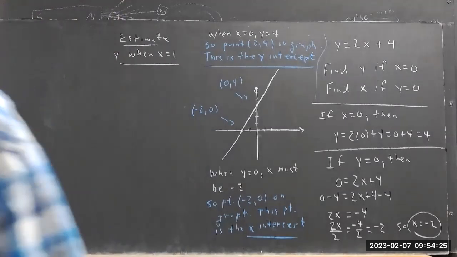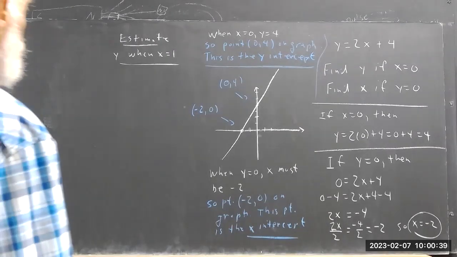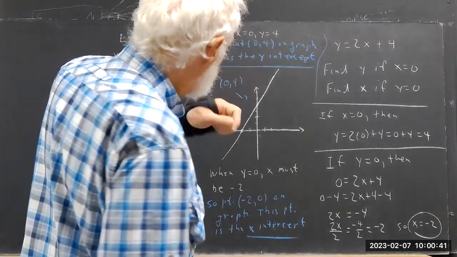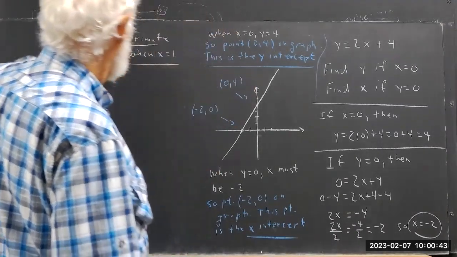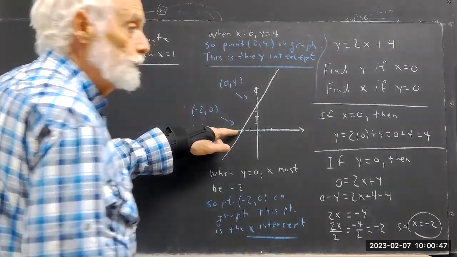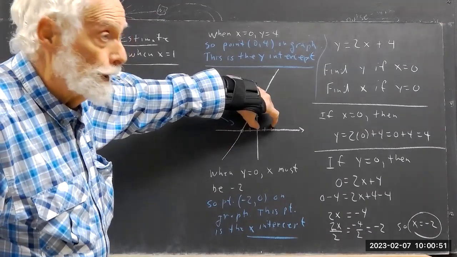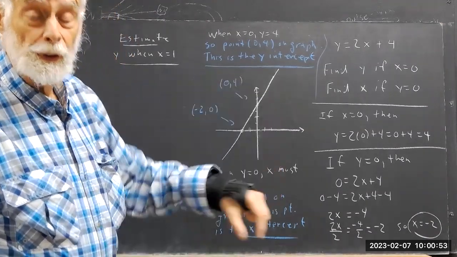Now, according to your graph, what does y look like when x equals 1? What we do to estimate this, we want to estimate y when x equals 1. Well, if -2 is here, as I said, +2 has to be at an equal distance on the other side.